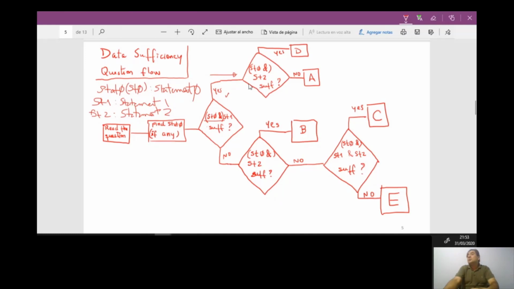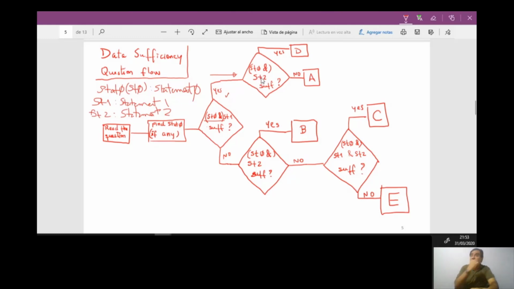We check statement 2 and evaluate whether that statement alone is sufficient. Remember, if there was a statement 0 in the question, consider the statement 0 at the same time you consider statement 2. You need to combine the information of both pieces. If there is no statement 0, okay, just stick to statement 2.